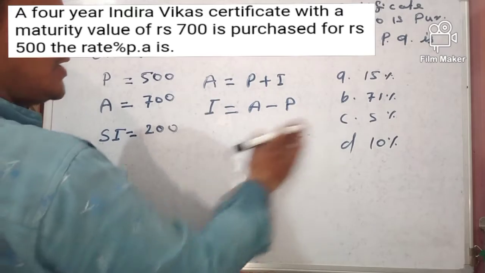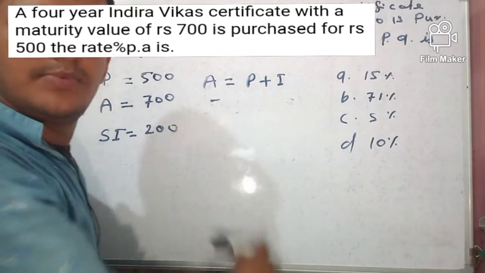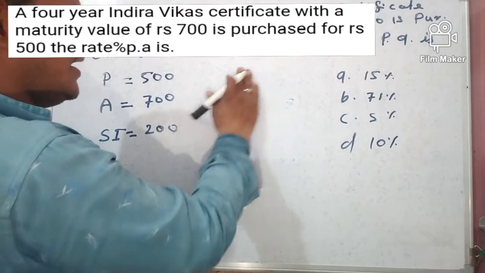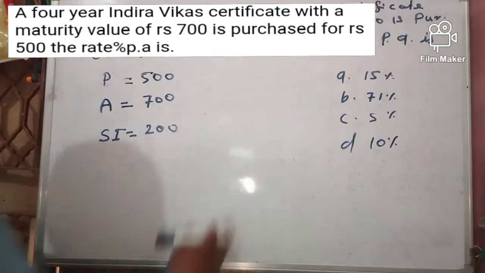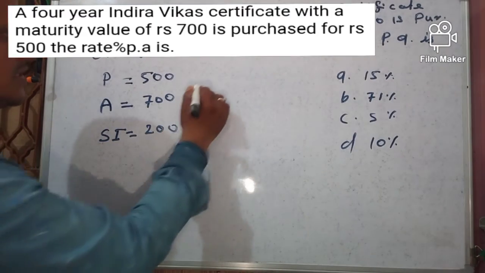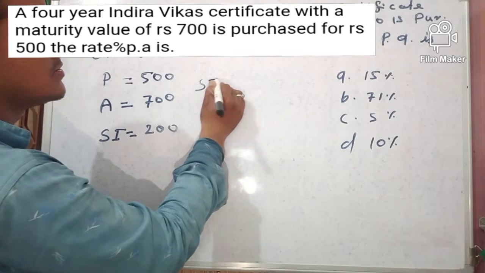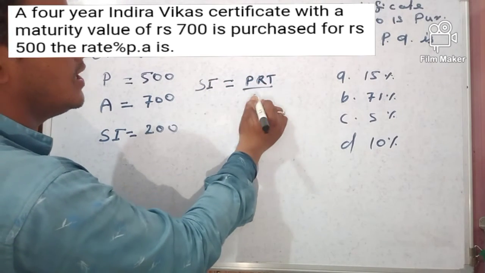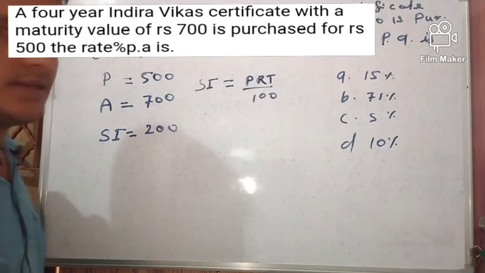Okay, so I have kept simple interest as 200. Our target is to find only the percent per annum. So see here, simple interest equals PRT by 100.